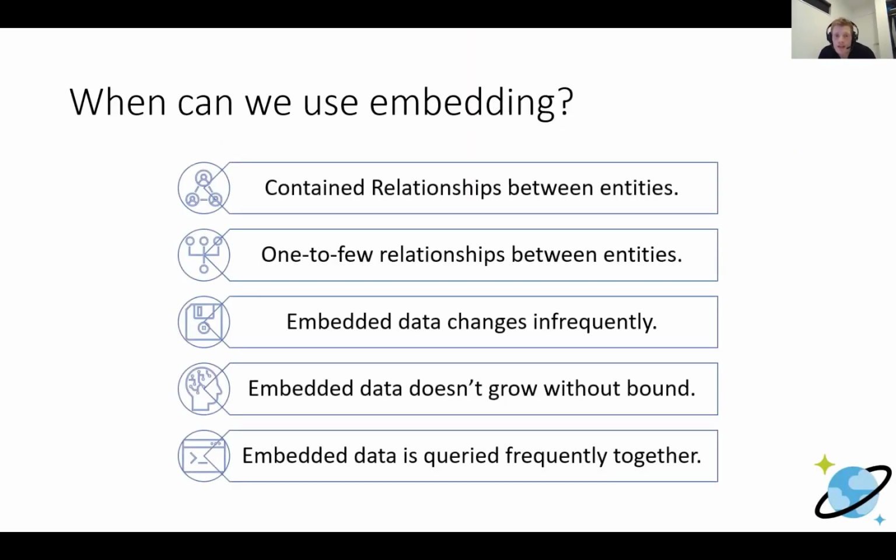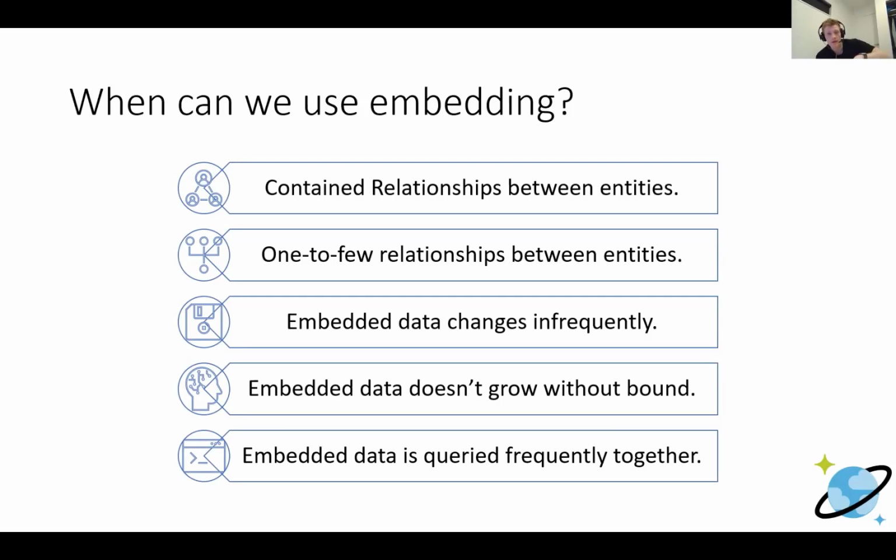The general advice for embedding: if you can contain the relationships between your entities, if you have one-to-few relationships between your entities, the data that you're embedding changes infrequently, and the data that you embed doesn't grow without bounds.